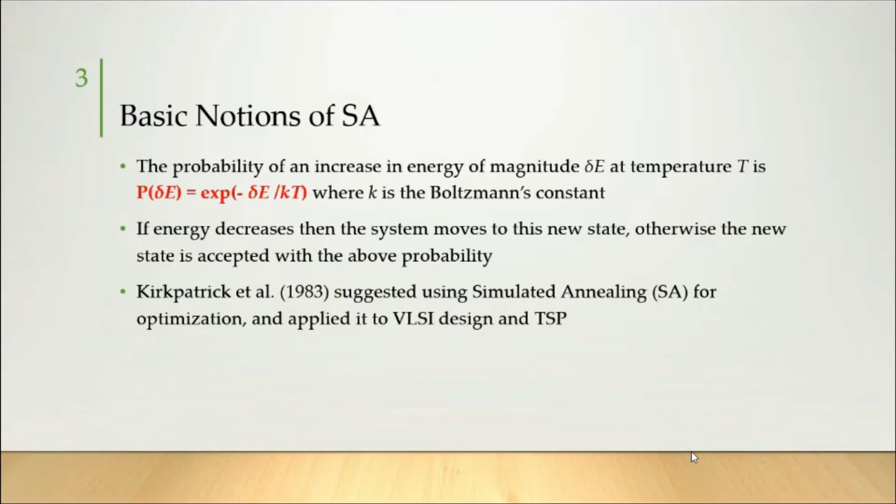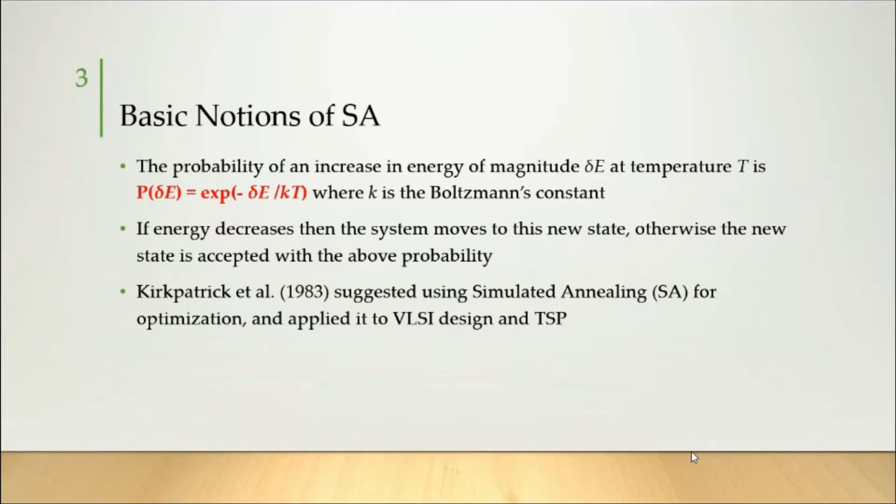Suppose the material has 10 units of energy, and the probability of it becoming 12 units, so the change in energy is 2 units. That probability is e raised to minus delta E divided by kT, where k is Boltzmann's constant, T is the temperature at which the material exists, and delta E is the change in energy.